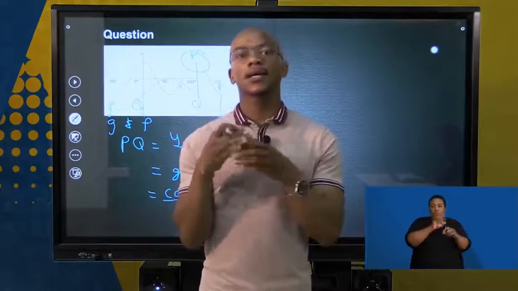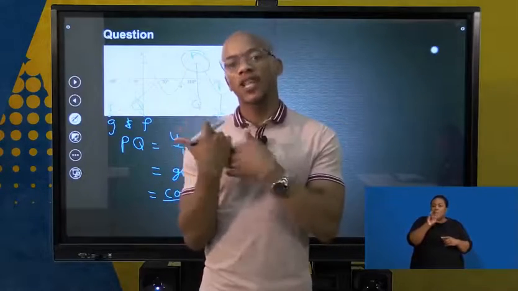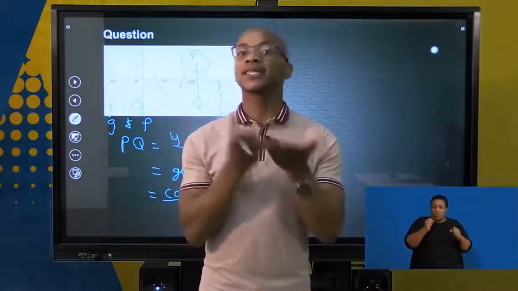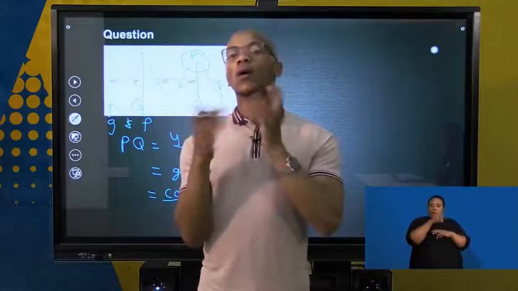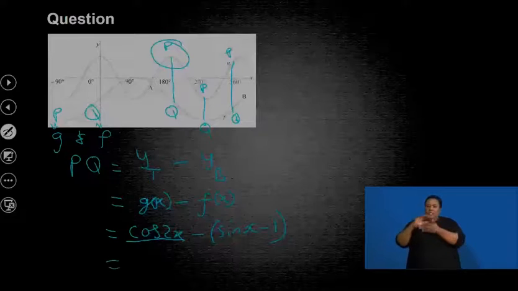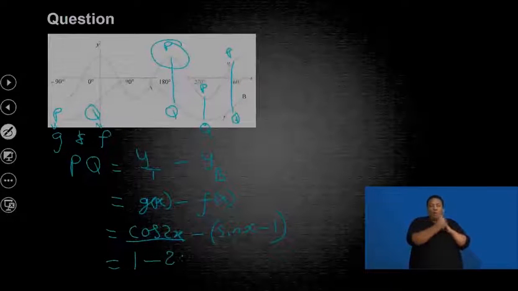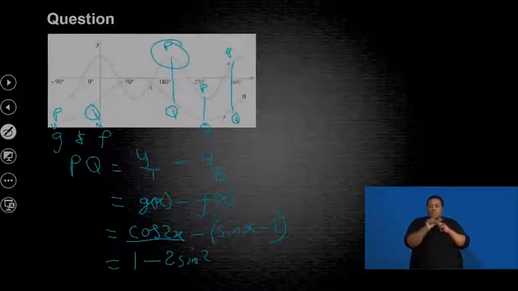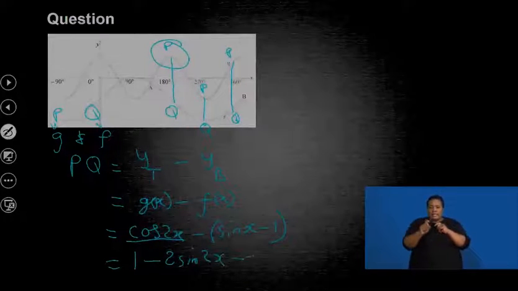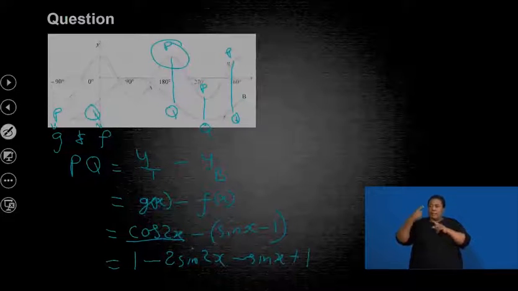So you can see here that sine will be the dominant ratio, meaning you can change the double angle to be sine instead of cos, or the sine and the cos. Therefore, this will be equals to, if I change this, 1 minus 2 sine squared x minus sine x plus 1, right?